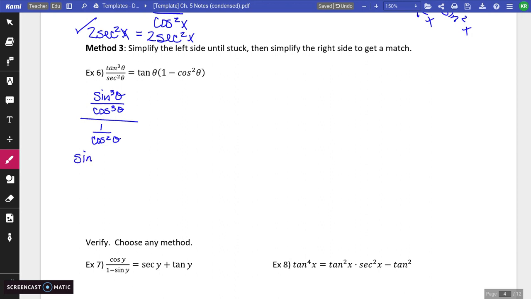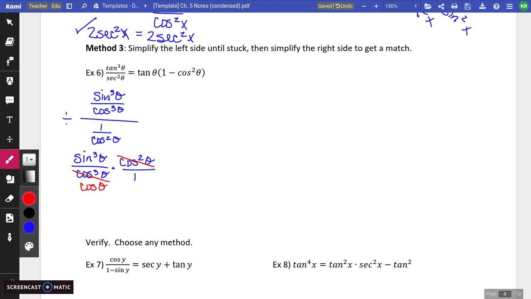If I rewrite this, it'd be times, because this is a fraction divided by a fraction, so I'm going to multiply by the reciprocal. Now I can take out a cosine squared and a cosine squared there. Now there will still be a cosine. So now I have sine cubed theta over cosine theta.